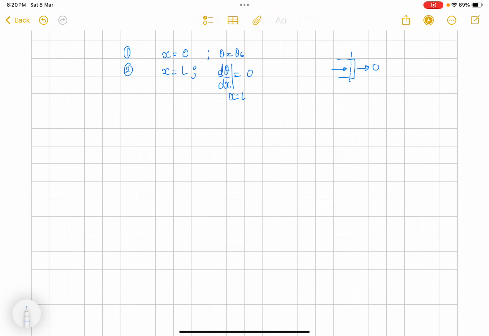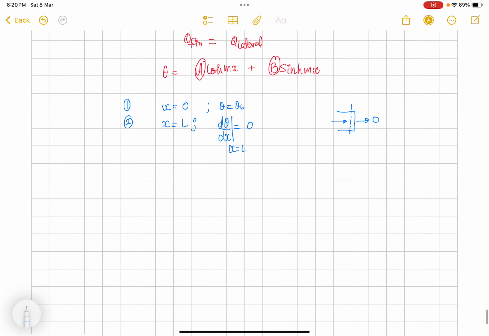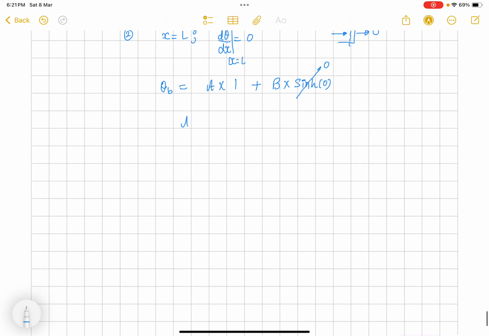If we use these two boundary conditions, we can find A and B values. So first we will use the first boundary condition. Theta will be theta_b at x equal to 0. A times cosh(0) will be 1, cosh 0 is also 1, plus B sinh 0, which is 0. So A will be theta_b.